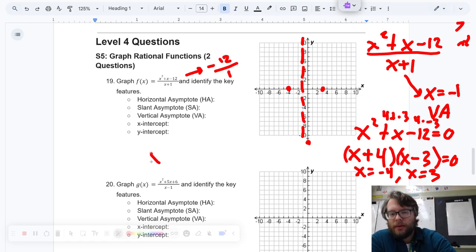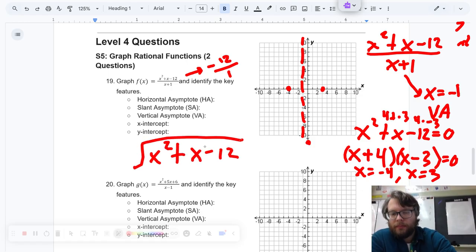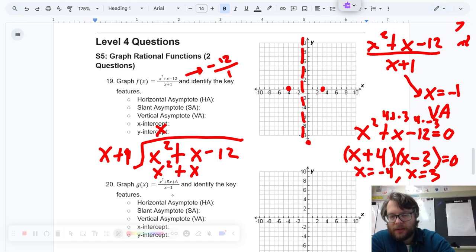If I do just a couple steps of long division, so I know that like x times x makes x squared, x times 1 makes x, and I can subtract that away. See there? Those all cancel out, and I get 0 minus 12.